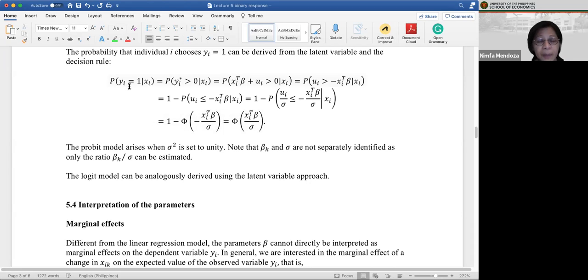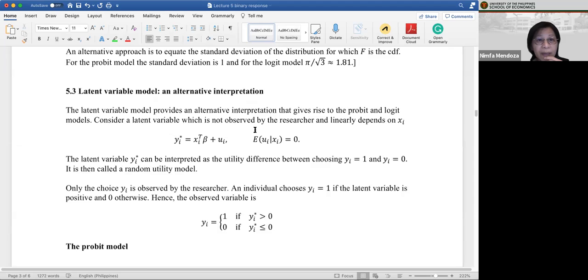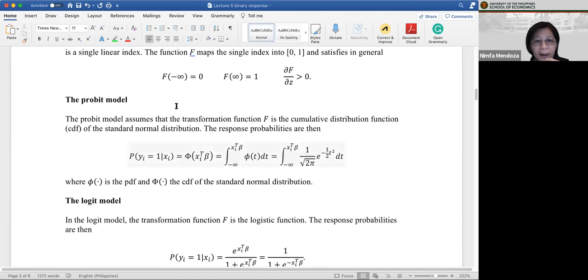Therefore, the probability that y sub i is equal to 1 given x sub i is the CDF evaluated at x sub i transpose beta, which we had earlier. So if you set sigma equal to 1, then we get back the probit model.